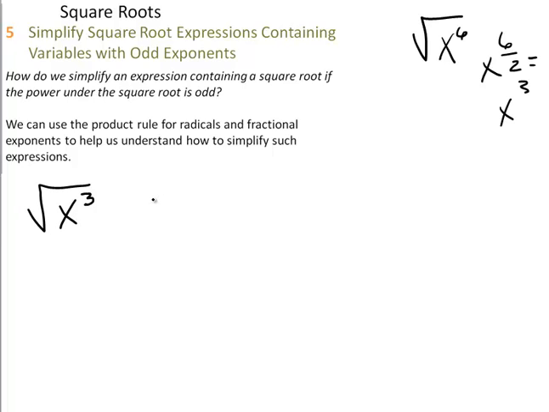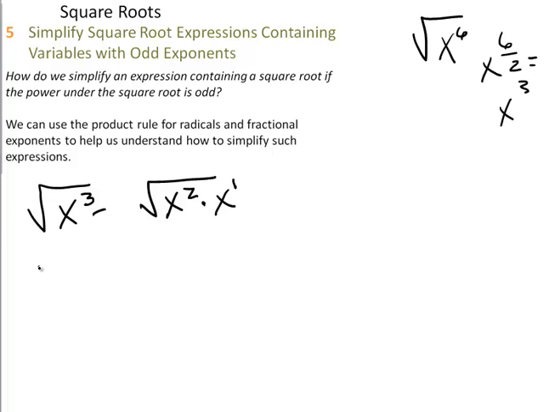We can use the product rule for radicals and fractional exponents to help us understand this. Remember, the product rule says that the square root of x to the 3rd is the same as the square root of x to the 2nd times x, because that's secretly x to the 1, and 2 plus 1 is 3.